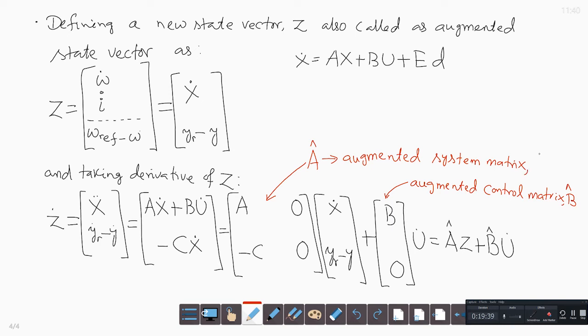This is A hat, this is the augmented state vector Z, and the augmented system input is u dot. Now, our augmented system is represented as Z dot equal to A hat Z plus B hat times u dot, and the input is u dot.